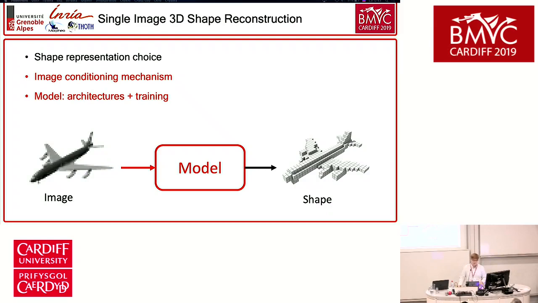Using this probabilistic formalism, we try to analyze different options for image conditioning mechanisms and training procedures. And this unified model allows for a fair comparison of all these different options.